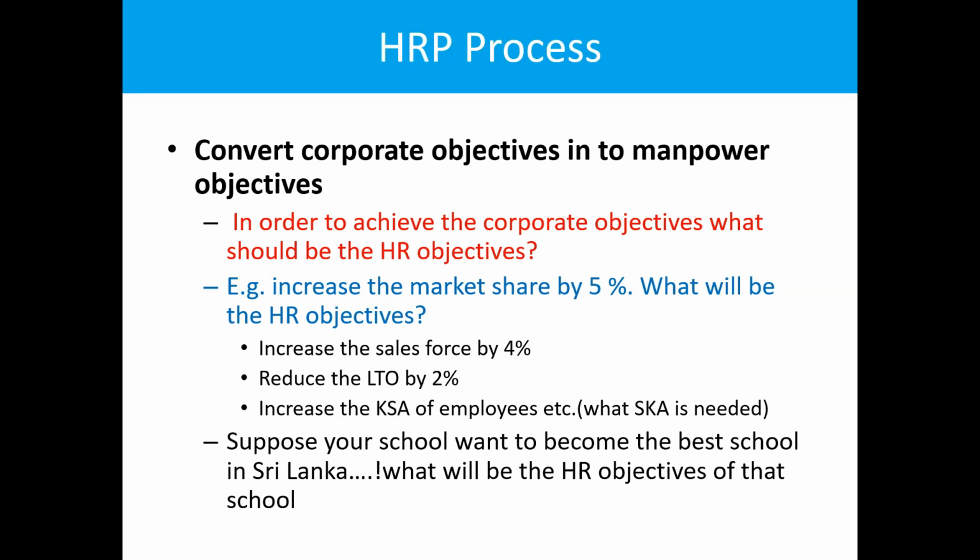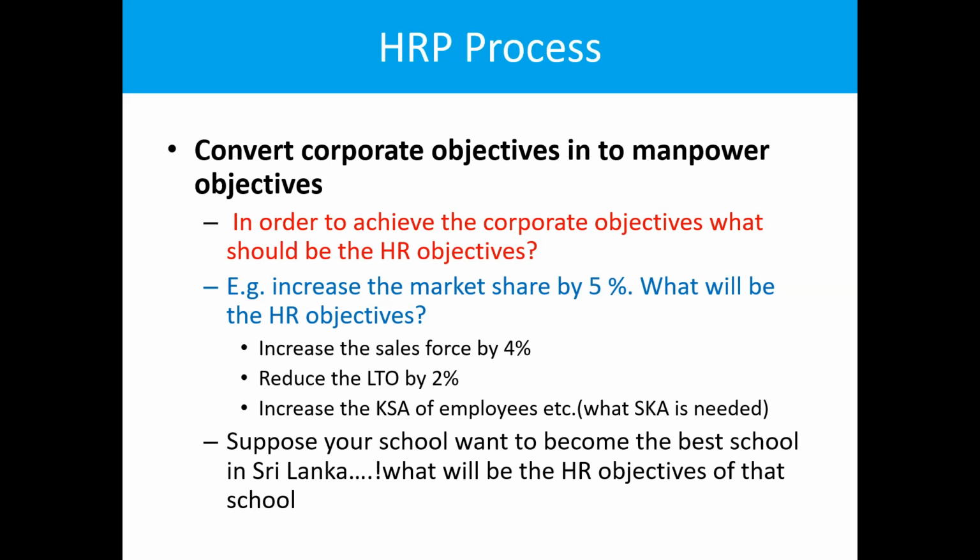Then can we do it with 100 people? Can we achieve that 5% more with 100 people? Obviously, we need more people to cater to some more market share, right? Otherwise, the existing employees need to work overtime, right?